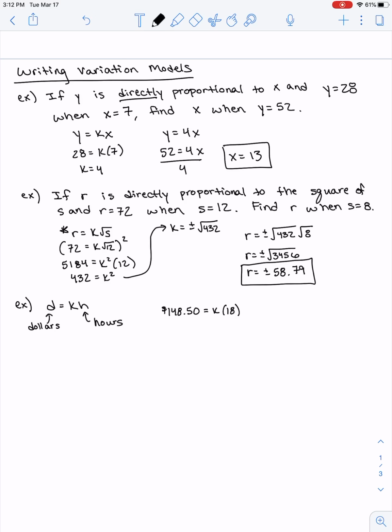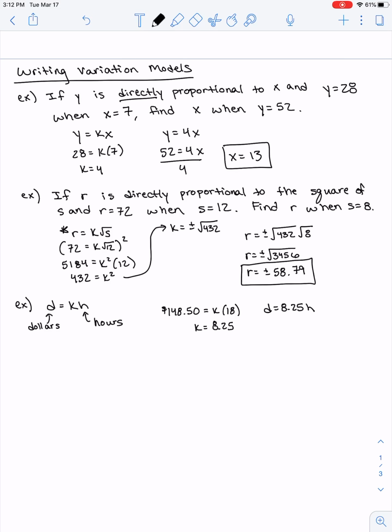Well, okay, this is pretty simple. If we divide both sides by 18, we get that k is equal to $8.25. So our variation model is dollars is equal to 8.25 times the number of hours that she works.